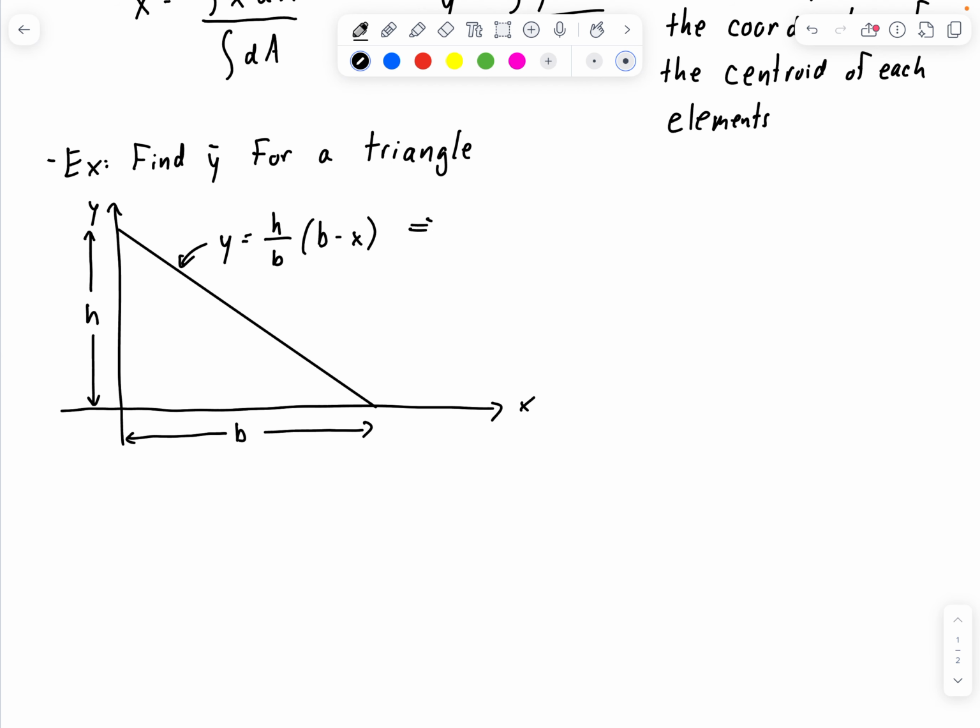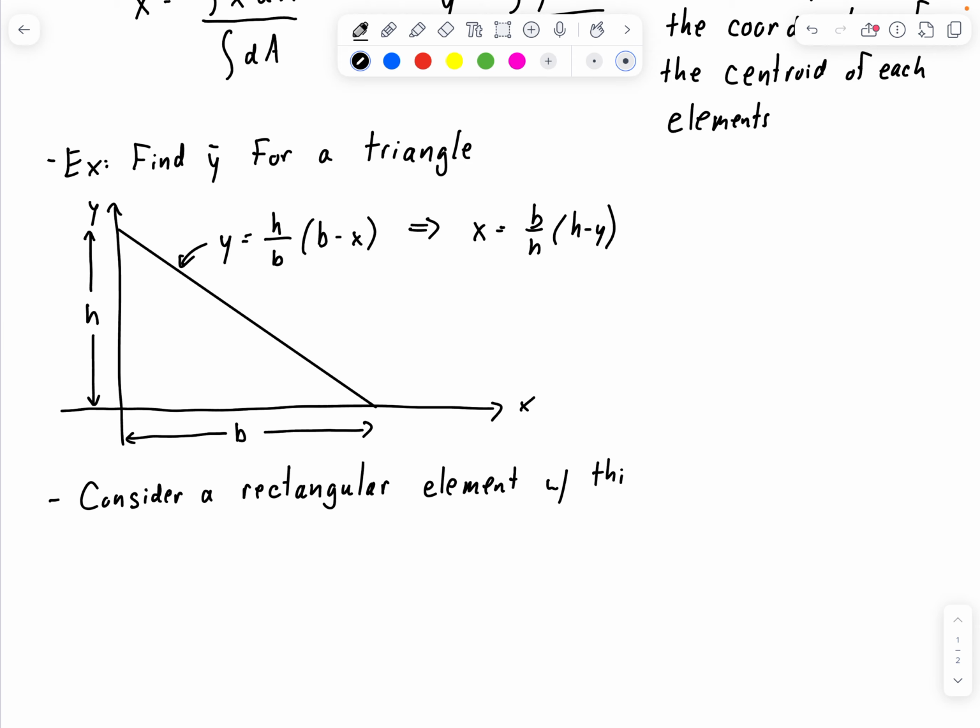And I'll just also make a quick note. We can solve that for x to find that x is equal to b over h times h minus y, which will come in handy later. So we are going to consider a rectangular element with some thickness dy.